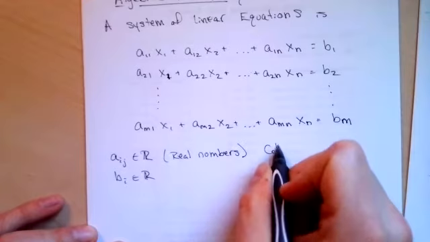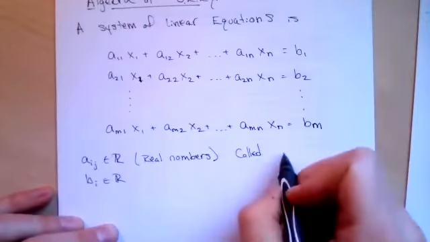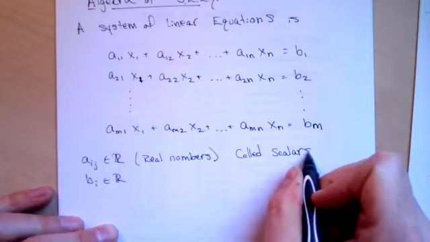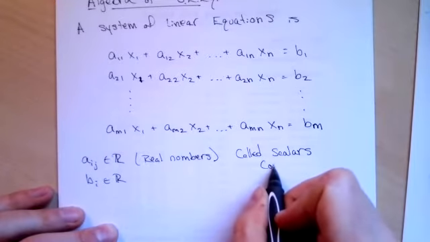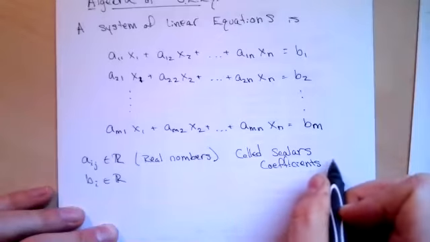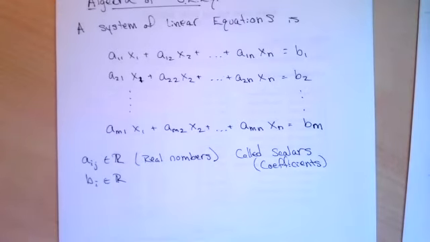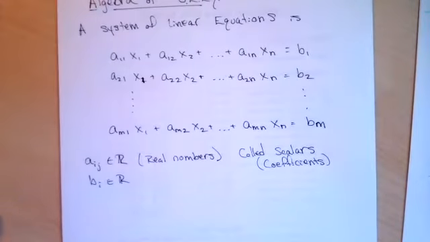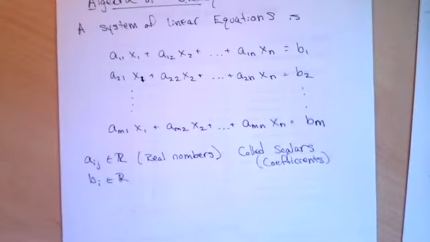So these are called scalars, or coefficients, or coefficient scalars. And the bi are just constants.